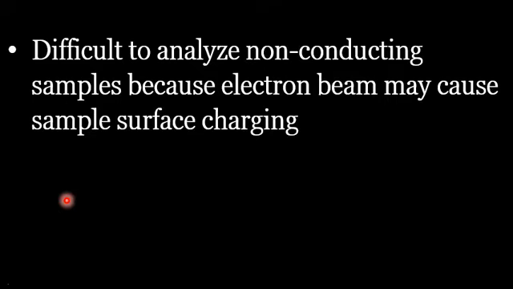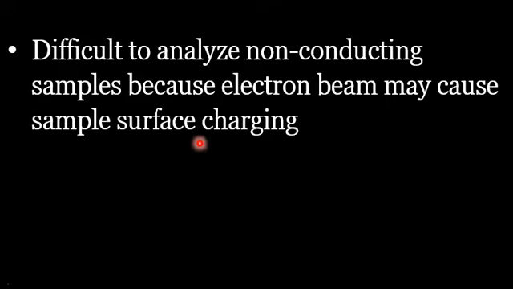Another drawback of Auger electron spectroscopy is that this technique cannot be used for non-conducting material, or it is difficult to analyze a non-conducting material, because the electron beam may cause sample surface charging.